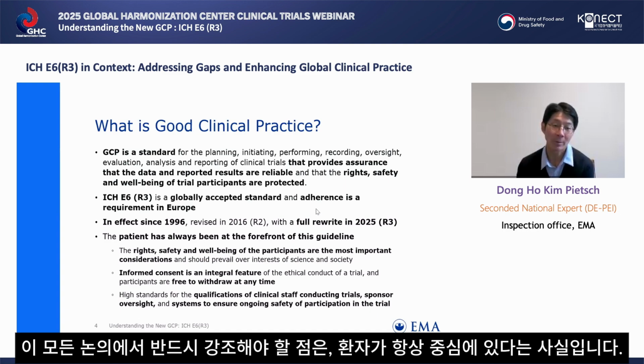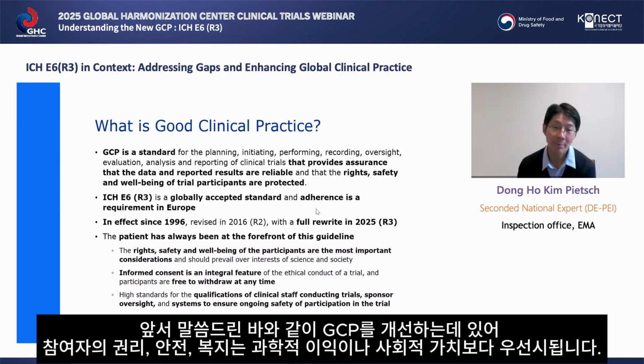It's always worth mentioning that patients have always been at the forefront of this guideline. When thinking about tailoring and improving GCP, it should always be kept in mind that the rights, safety, and well-being of the participants are the most important considerations and should prevail over the interests of science and society.